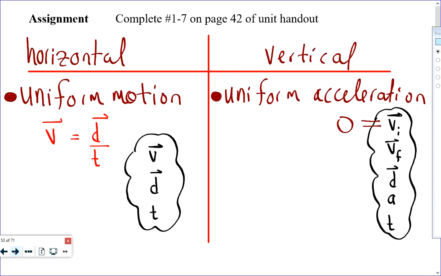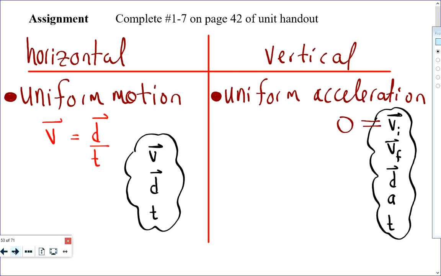And this part where I say VI is equal to 0 is true today. Because of the problems we're working on today, that's true. But on Monday, when we start talking about objects that are launched at an angle, the initial velocity will not be 0, because if I launch an object up at this angle, as soon as it leaves my hand, it's moving to your left, it has a horizontal velocity, and it's moving up.